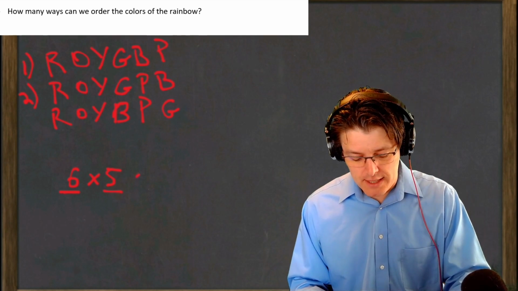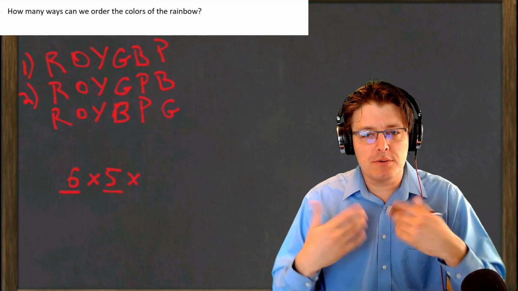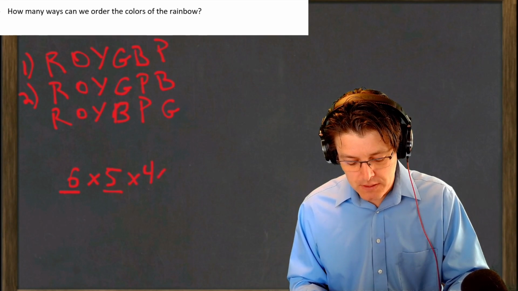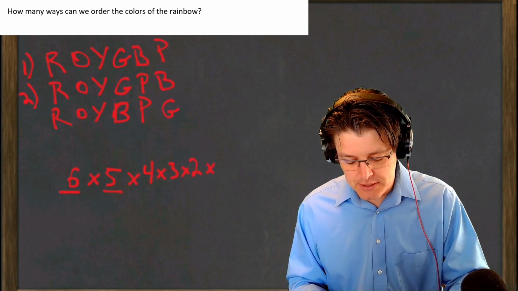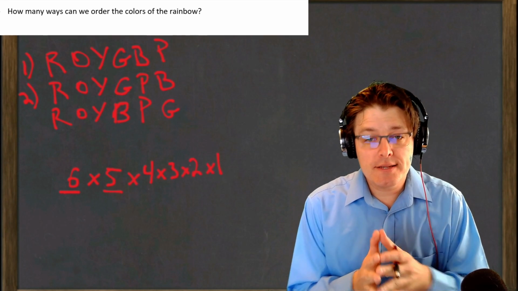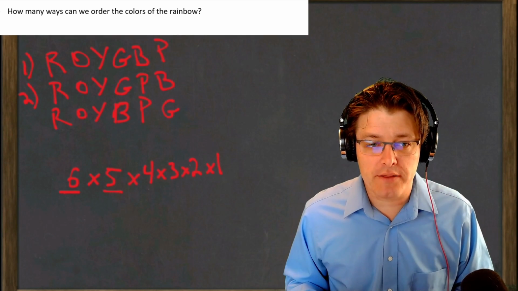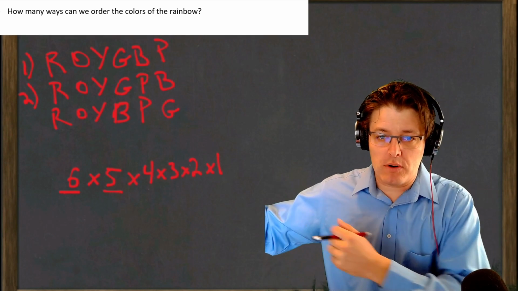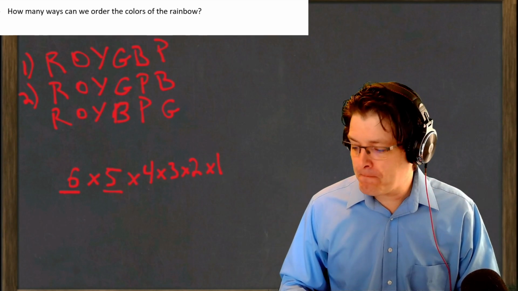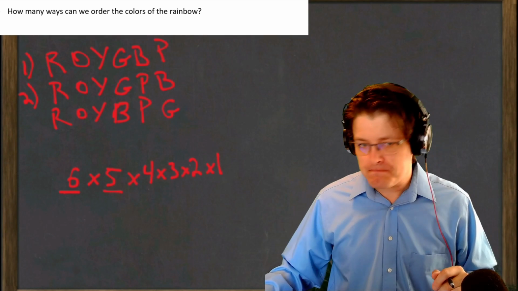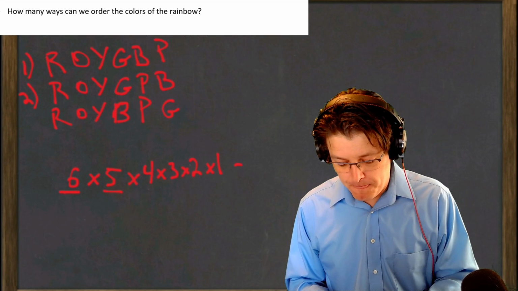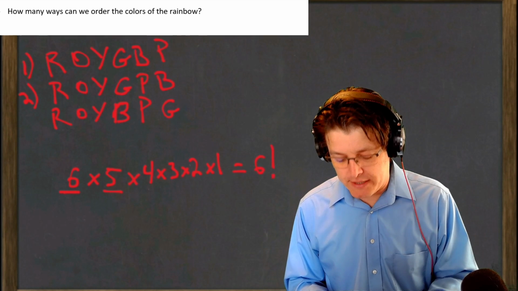And then continuing on, if we've chosen the first 2, there's then 4 options, 3 options, 2 options, and 1 option, right? So in this scenario where we want to use all 6 colors, we have 6 times 5 times 4 and so on. And that becomes mathematically 6 factorial.